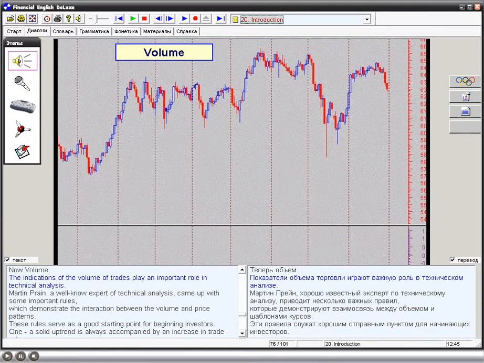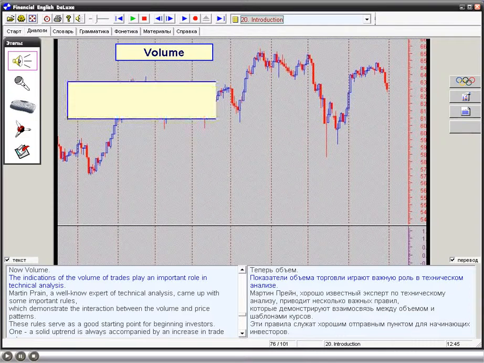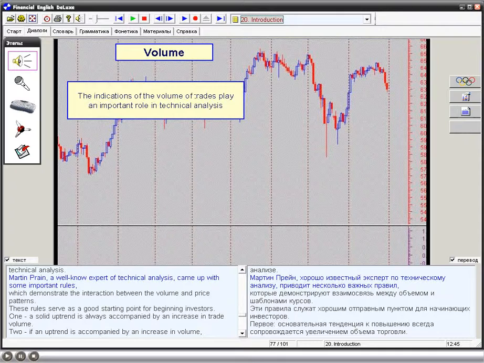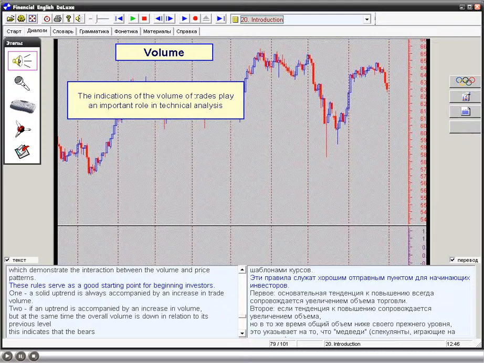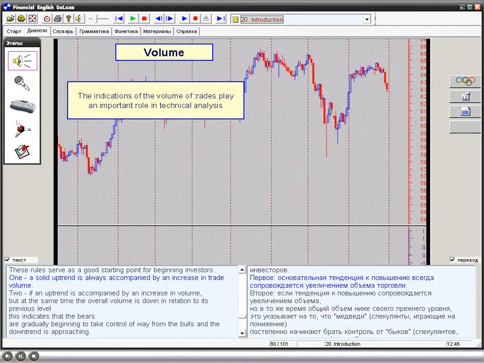Now, volume. The indications of the volume of trades play an important role in technical analysis. Martin Pring, a well-known expert in technical analysis, came up with some important rules which demonstrate the interaction between volume and price patterns. These rules serve as a good starting point for beginning investors. 1.